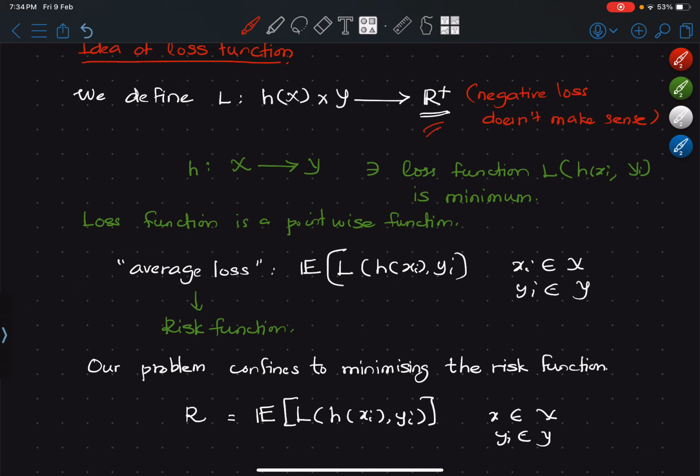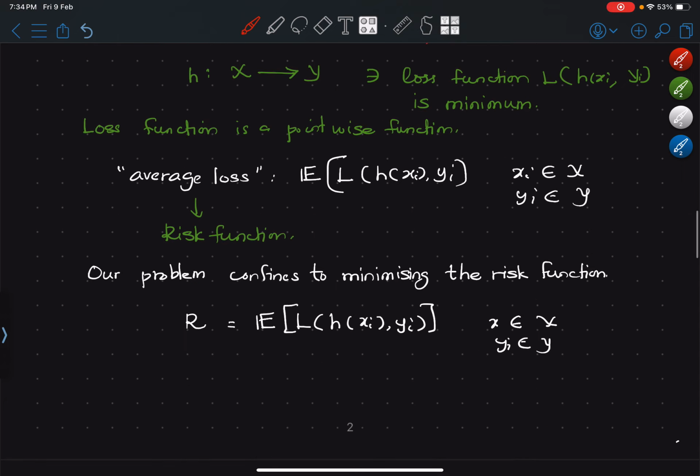So we are actually finding the expectation of the loss function, and this expectation is known as the risk function. Our basic setting of this deterministic problem of machine learning boils down to the optimization problem of minimizing the risk and finding the hypothesis function corresponding to it.